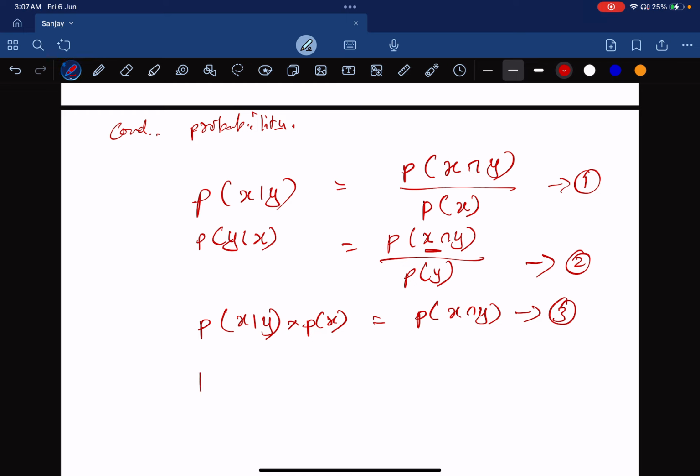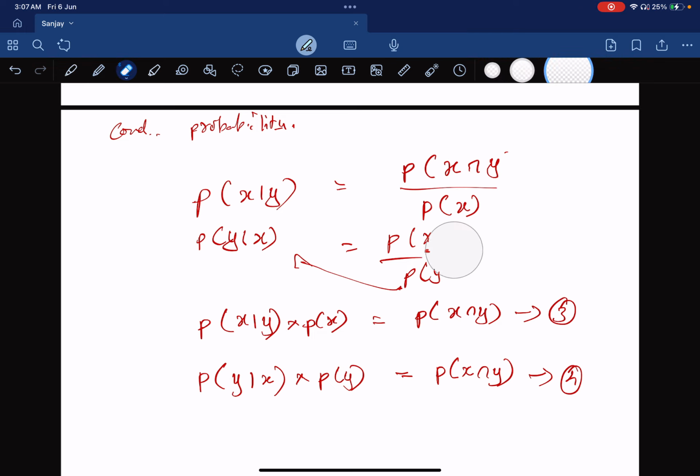And similarly for the second equation, P of y given x into P of y equals P of x intersection y. Let's take it as equation number 4. In both equation number 3 and 4, the RHS are the same, so we simply equate them.